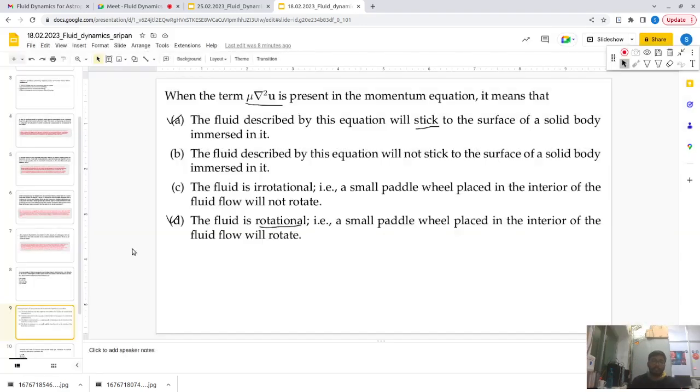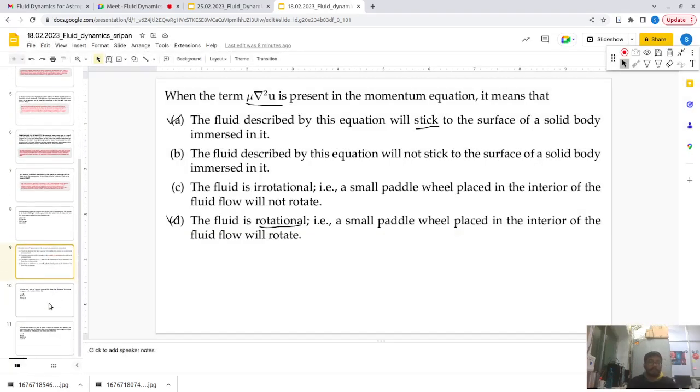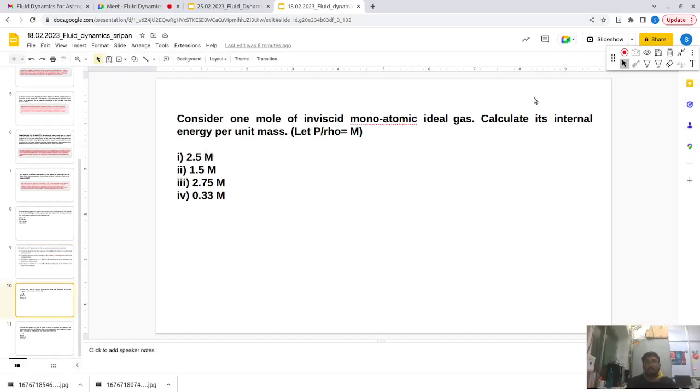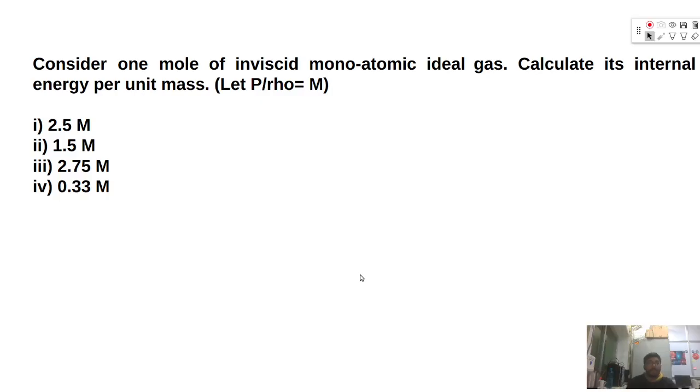So the next question is this one. Now you have 1 mole of inviscid monoatomic ideal gas. Calculate its internal energy per unit mass.